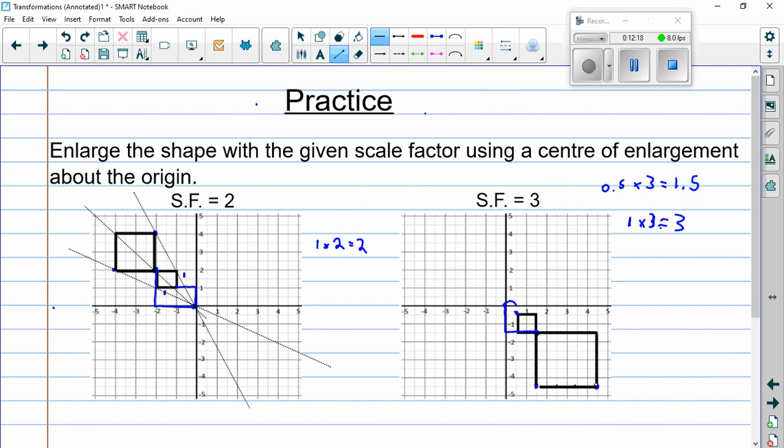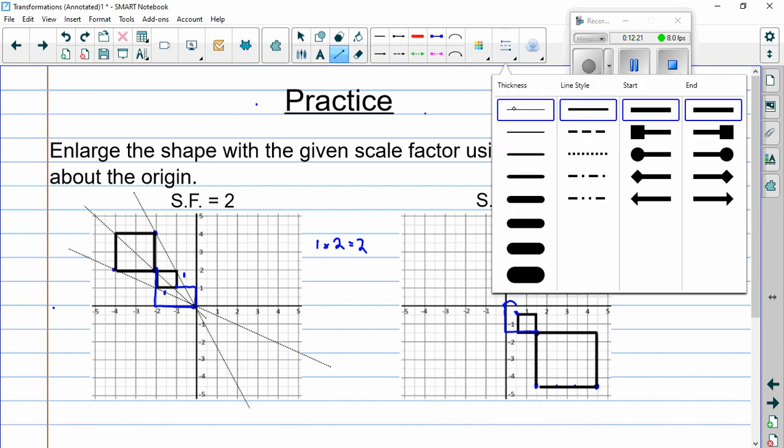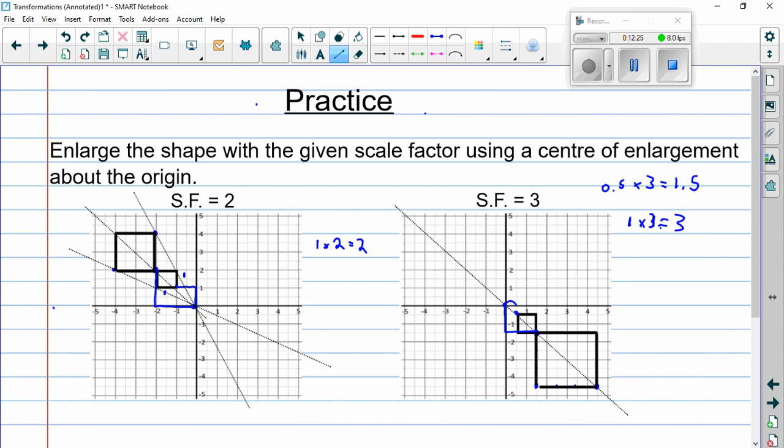Okay, and always, like I said, it is a good idea until you feel very confident to draw in those lines. It only takes a second, but sometimes that second might save you some marks.